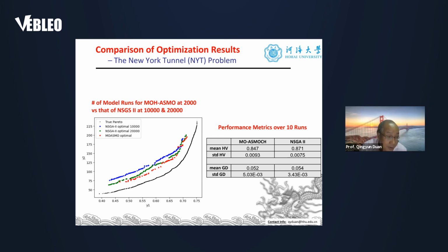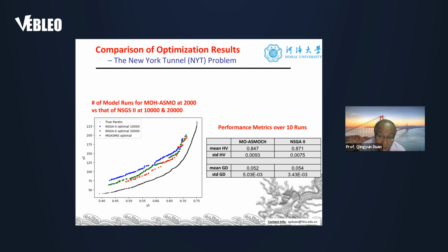So here is the NSGA. When you run it 10,000 times, that's the best solution you got, the blue dots. And when you reach 20,000, it gets to the green dots. And the red dots are the solution from MO ASMO.